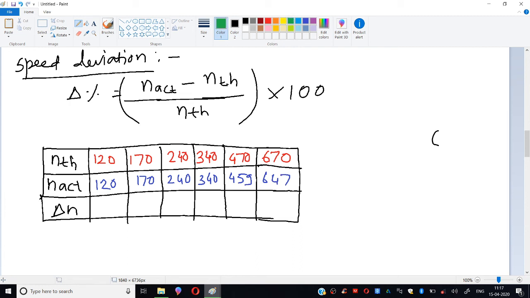Now if we check, the deviation is 0, 0, 0, 0, and here it is minus 2.34, and here it is minus 3.43.